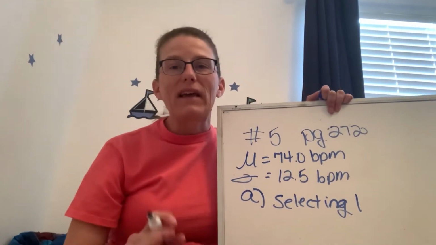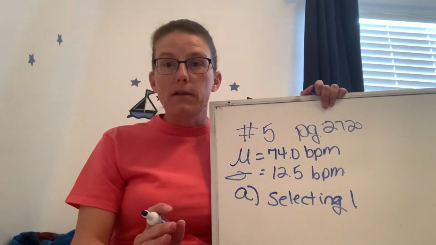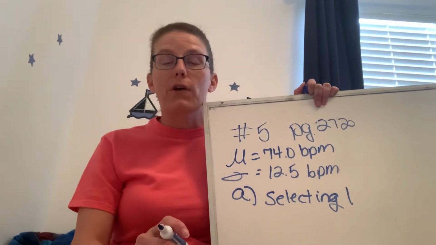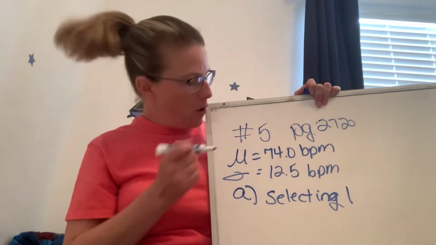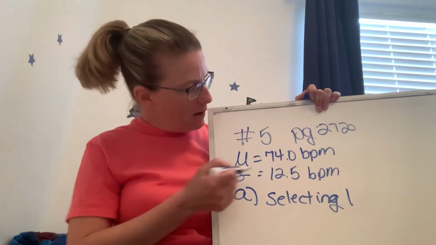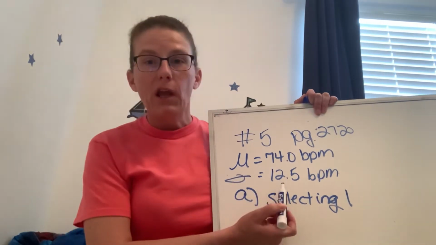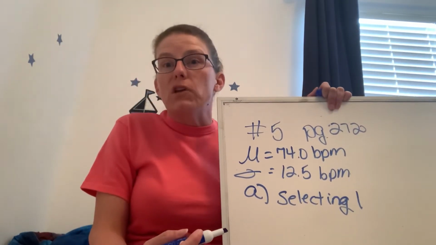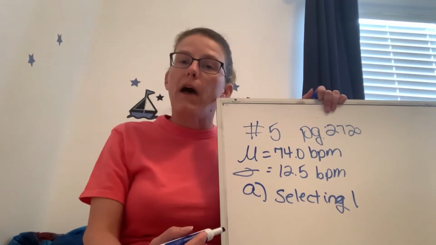When I select one, this is no different than just finding those probability values for the area under the curve using our normal calculators in StatCrunch. It's no different. We insert our mean here, we insert our standard deviation here of 12.5, and we generate that cumulative area under the curve, and that becomes our probability value.